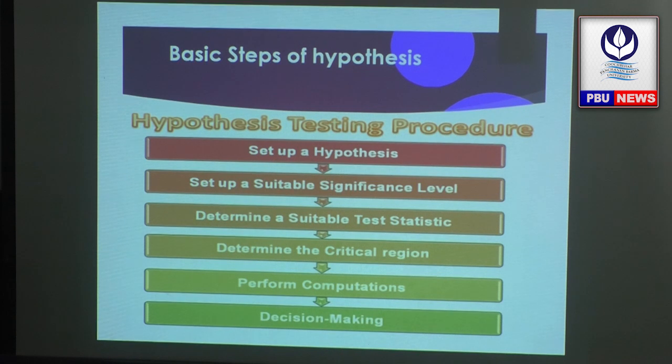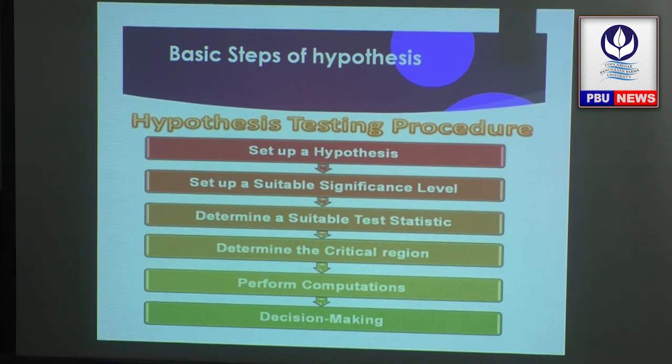Now we have to discuss the basic steps of hypothesis testing elaborately. The hypothesis testing procedure. First step, set up a hypothesis. First you have to clearly set up a hypothesis on the basis of its characteristics. This is a very vital point.